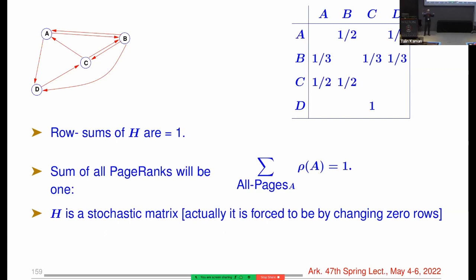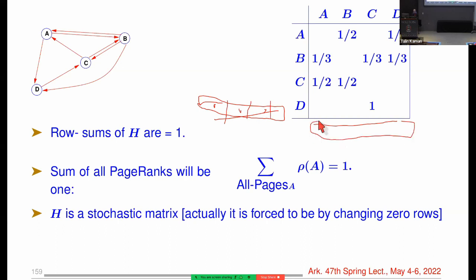So think of a row vector that has probabilities in it: a scalar for the probability of being in node A, node B, and so on. Actually, there are 4 nodes, I forgot. So if you multiply this row by this matrix, you get exactly the probabilities of being in locations A, B, C, D at the next time.